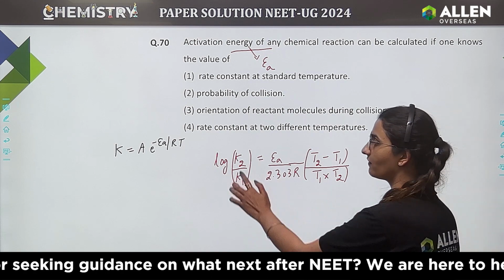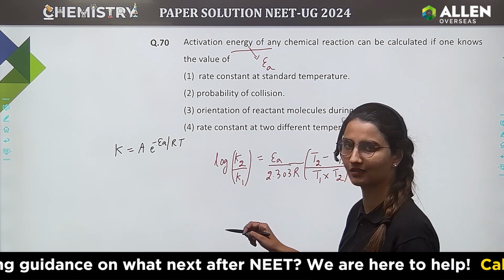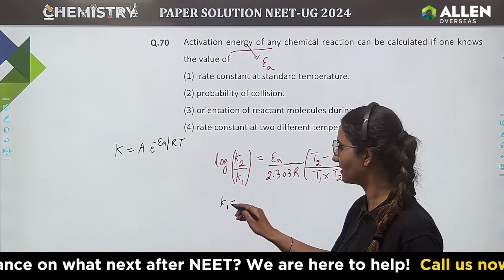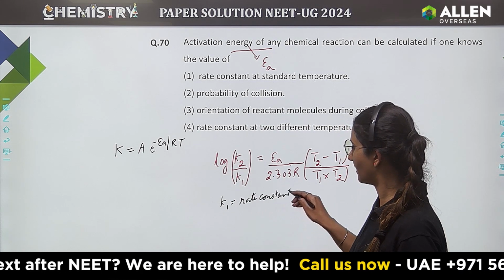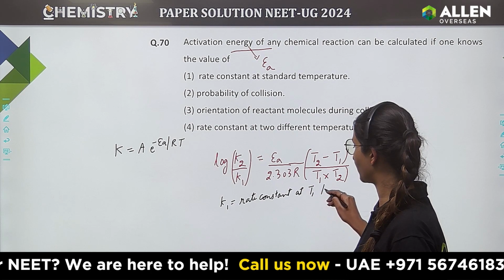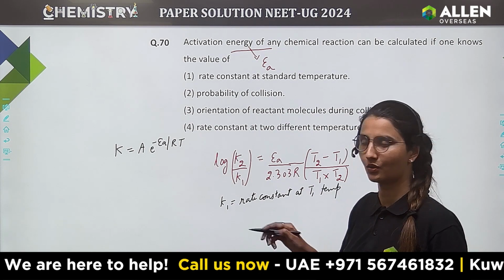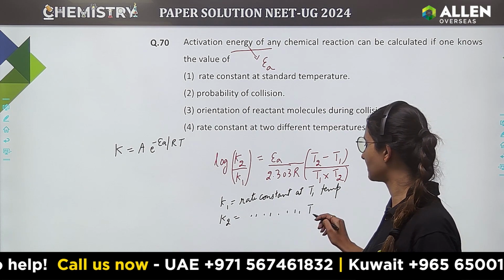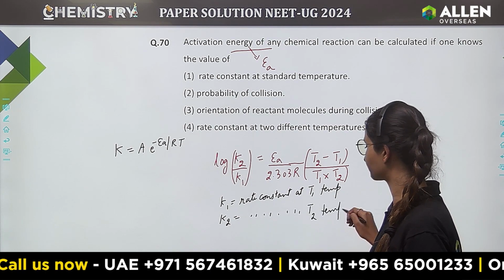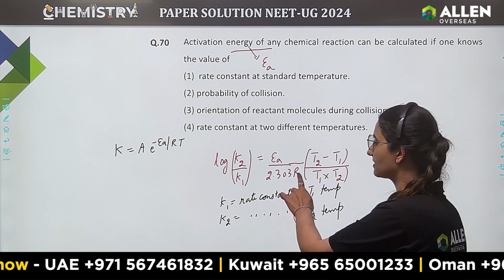So if we know the value of K, now what is K? Students, K1 is your rate constant at T1 temperature. What is K2? It is, students, the rate constant at T2 temperature. What is R?